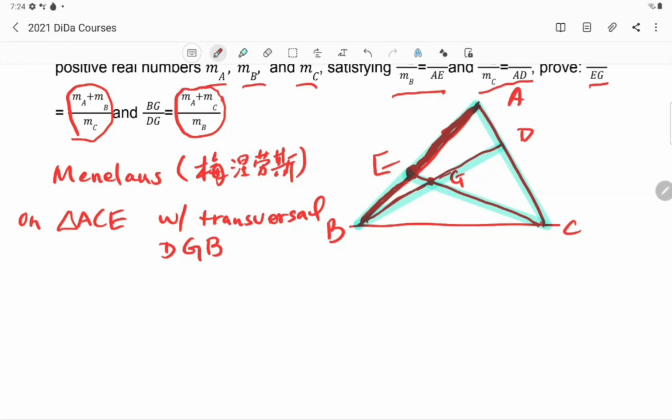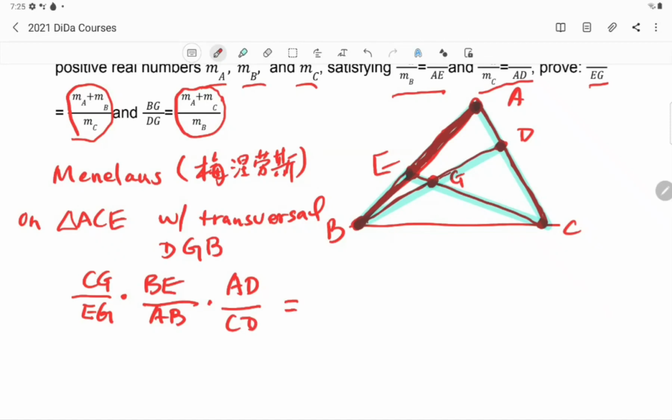I'll start with C, then vertex to intermediate, CG, intermediate to vertex, over EG, times vertex to intermediate, now it's extended but it's still intermediate, BE, and then intermediate to vertex AB, times vertex to intermediate AD, and then intermediate to vertex over CD. Now this is equal to what?